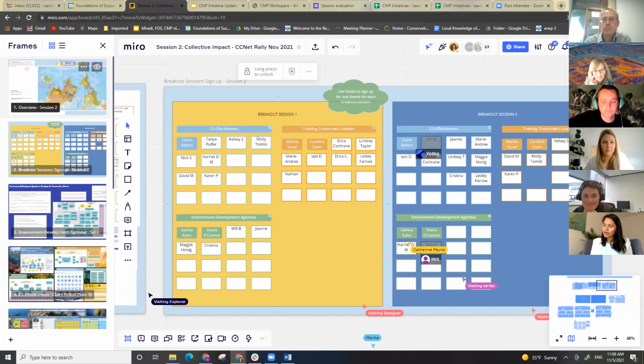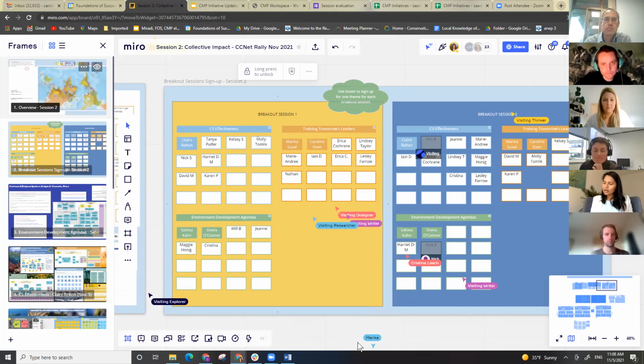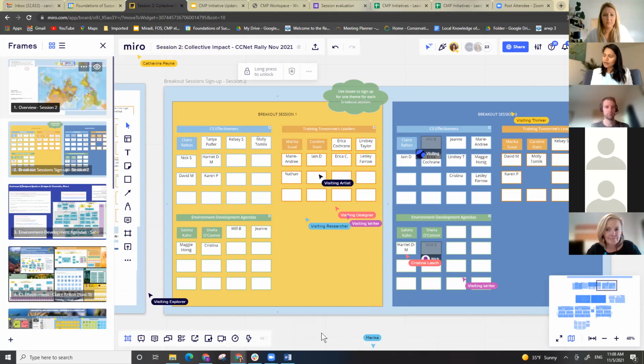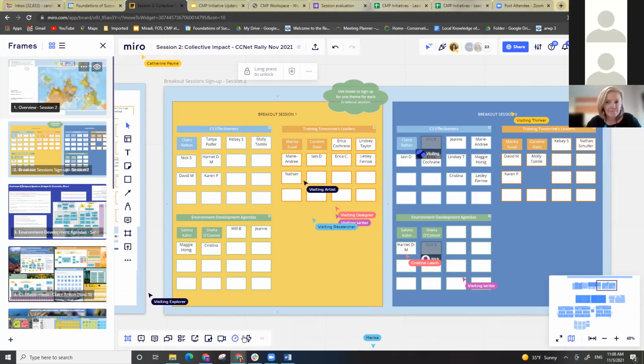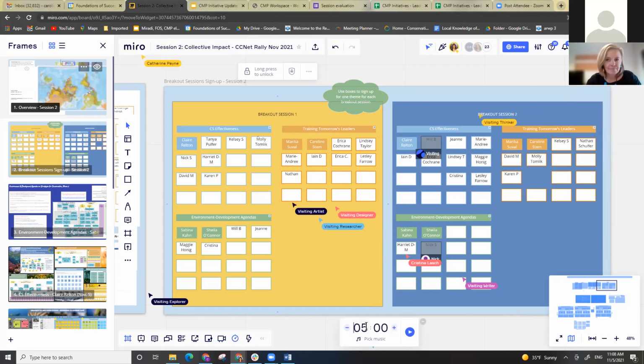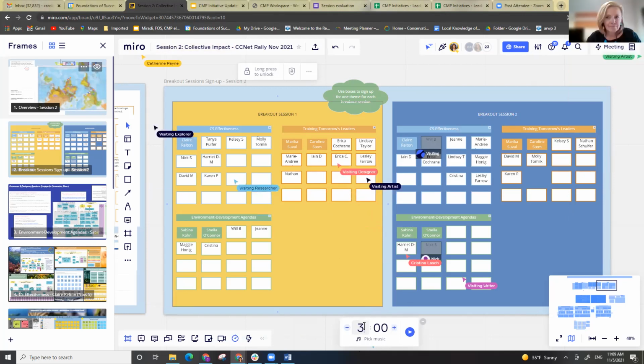I'm going to open these breakout rooms so people can get going. As people move out, Anne or Becky or Brittany or Molly, if you want to tell me what room you want to go to, I can easily assign you.